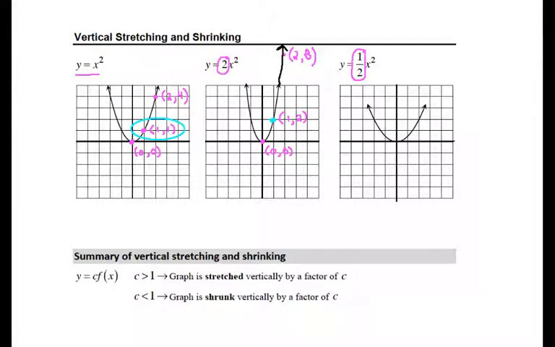Now, because we're looking at a parabola in this case, and a parabola doesn't have endpoints, it keeps going, but we're only looking at it in a fixed window, you can think of it like stretching a rubber band. If you stretch a rubber band, it does get taller, but if you're only looking at a fixed window, what you notice is that it appears more narrow. So the graph actually became taller, but it appears more narrow.